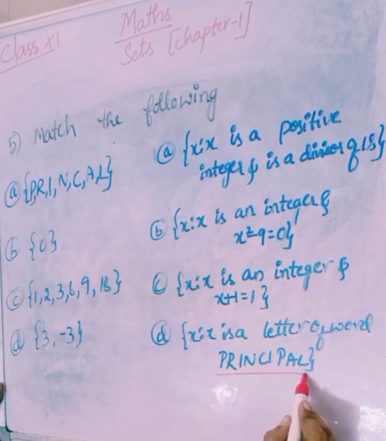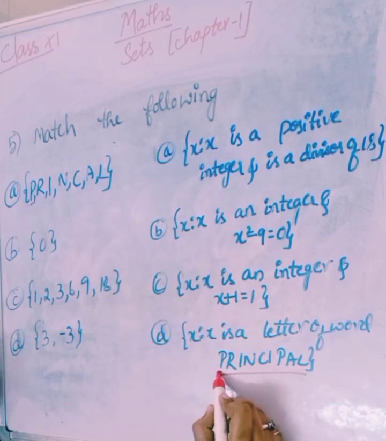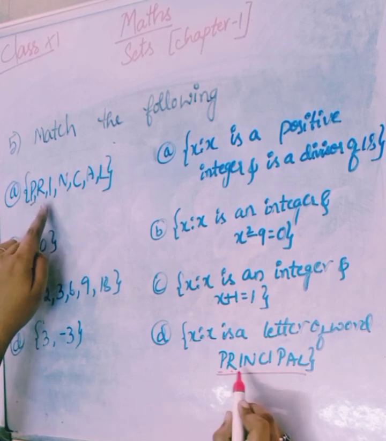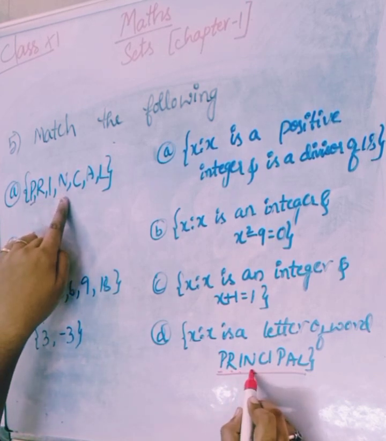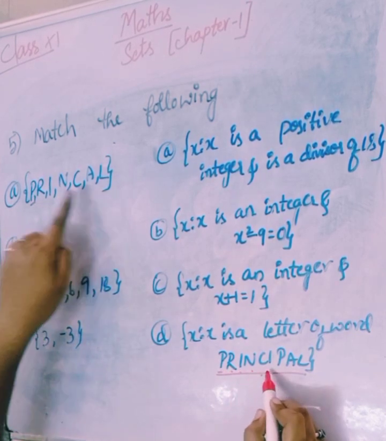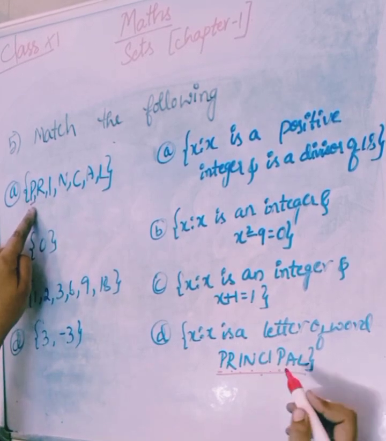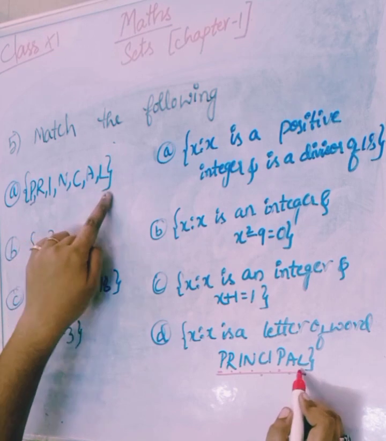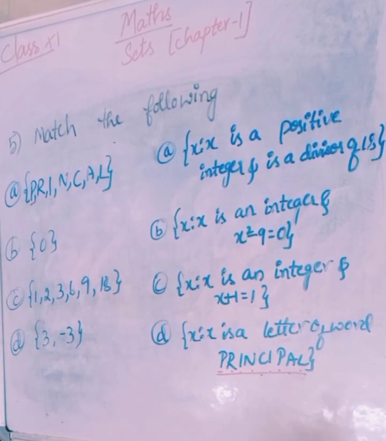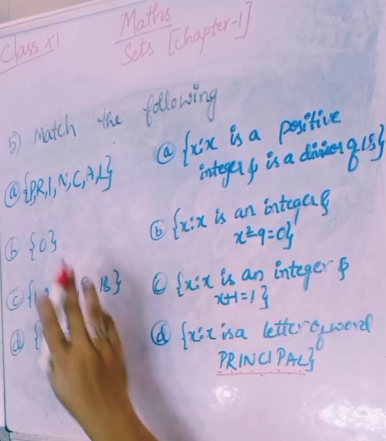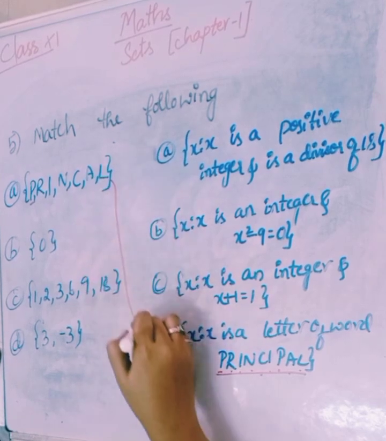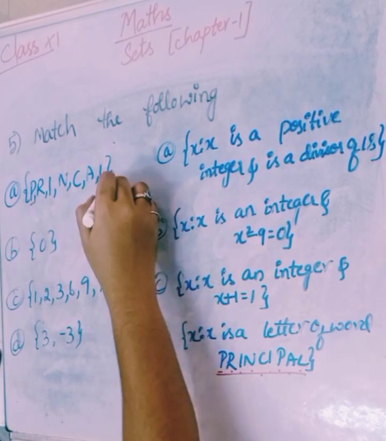Yeah, here you can observe we have principal. PRINC, I already repeated, so only one time is enough. P also already repeated, so only one time is enough. A, L. In between we have commas, and commas need to be represented in a set. So what's the option? Option D is correct for option A.